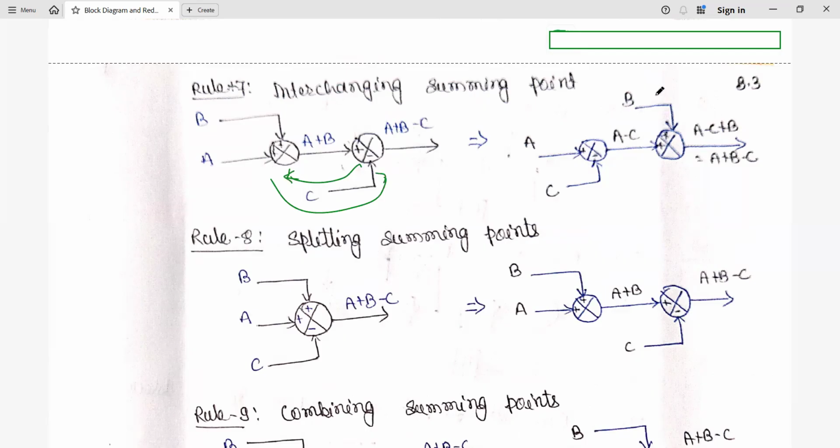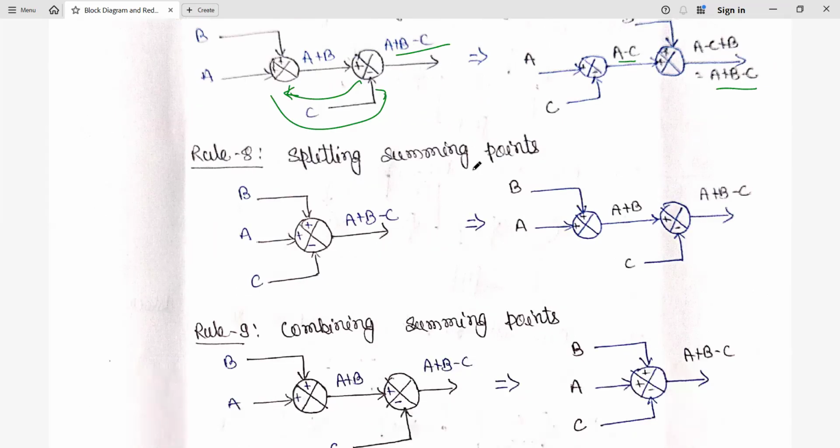Like this, you see that input positions are going to change. So we have A minus C again coming with B. So the output remains the same as it was earlier. When we are interchanging the summing points, we are not going to add anything. Corresponding inputs are just moving as before. Now we are splitting the summing points.